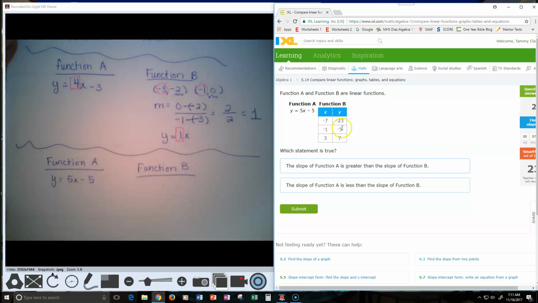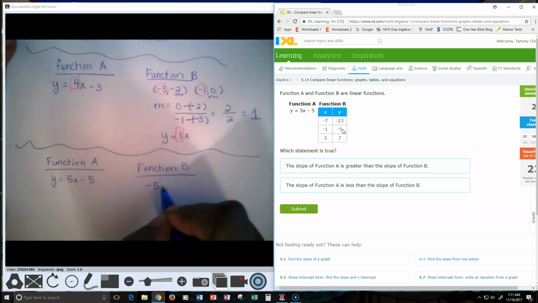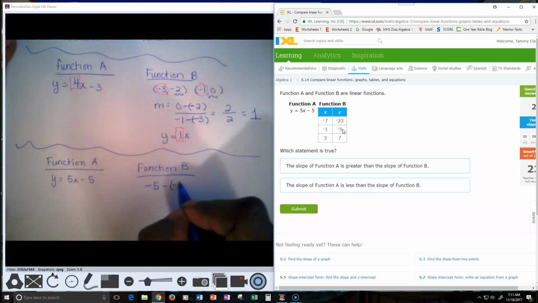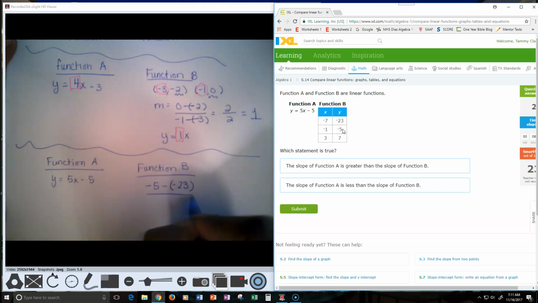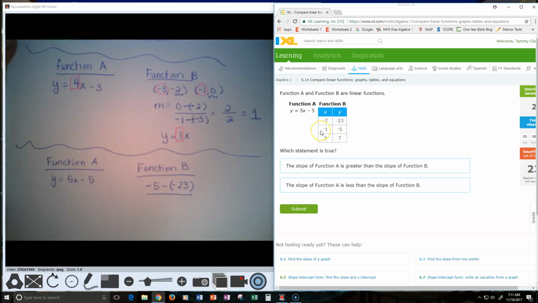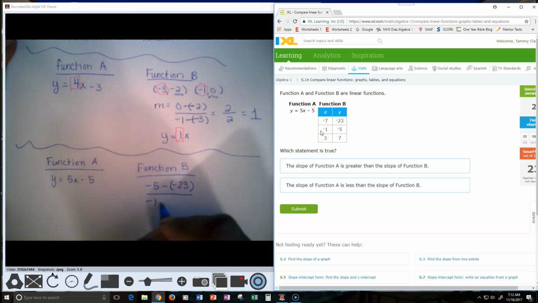I'm just going to use the table. So I know this is x2, y2, this is x1, y1. So I'm going to say negative 5 minus negative 23 over negative 1 minus negative 7.